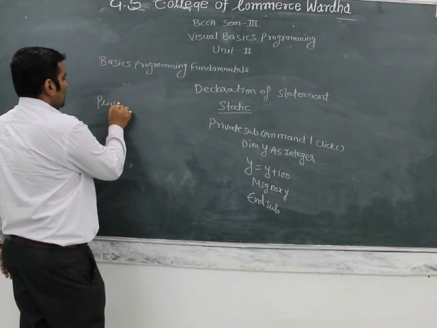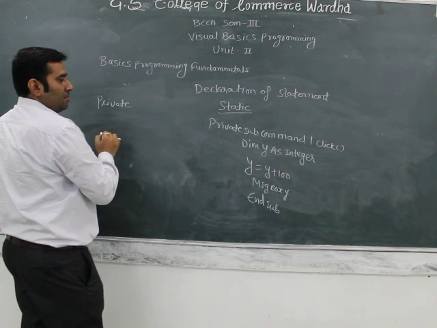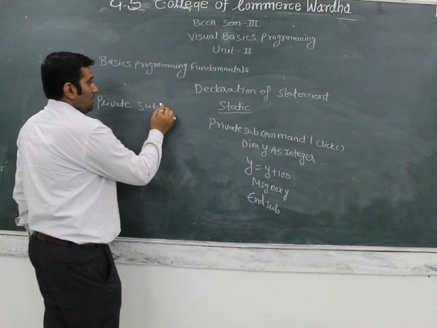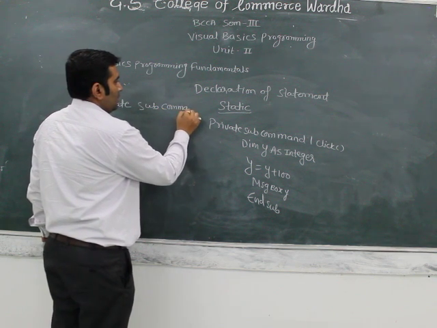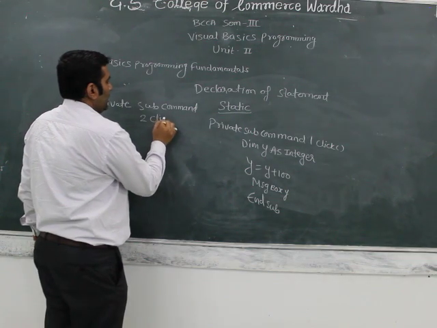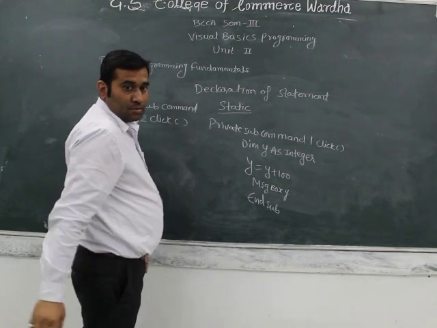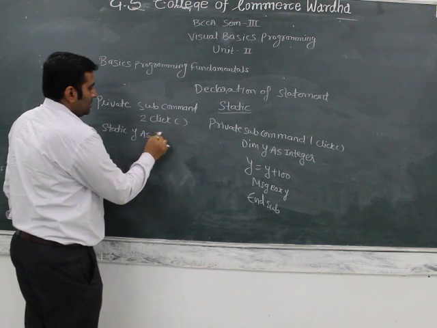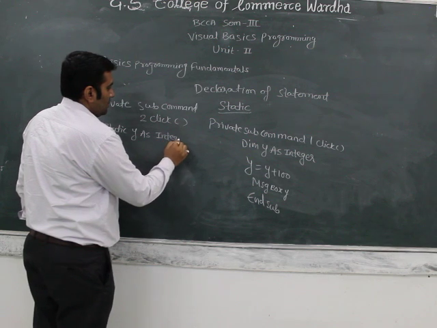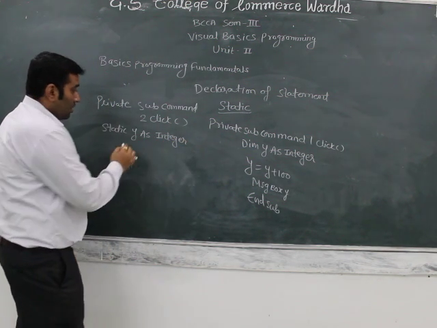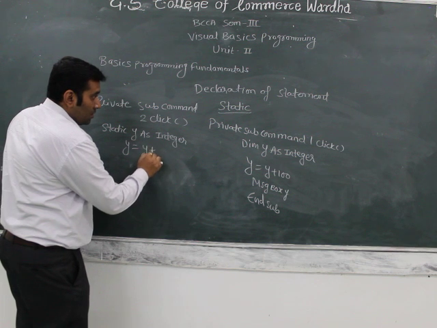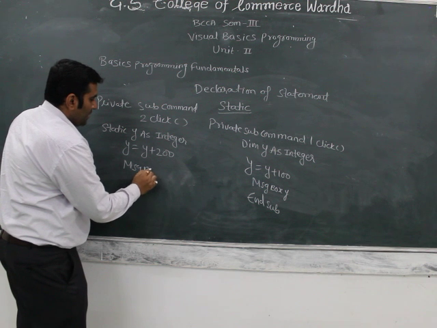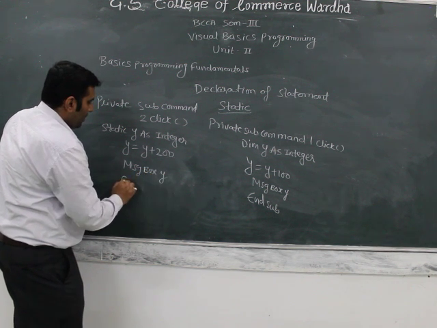On the second button, private sub command 2 click, static y as integer, y equal to y plus 200, and in the message box show the value of y.